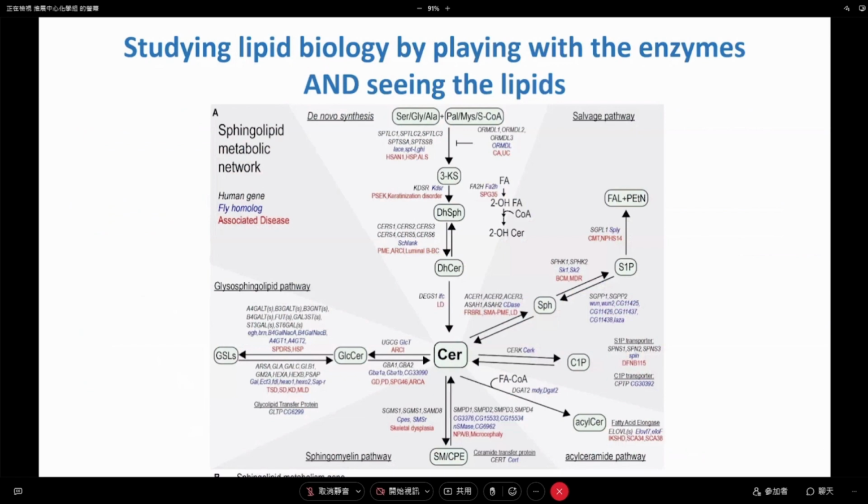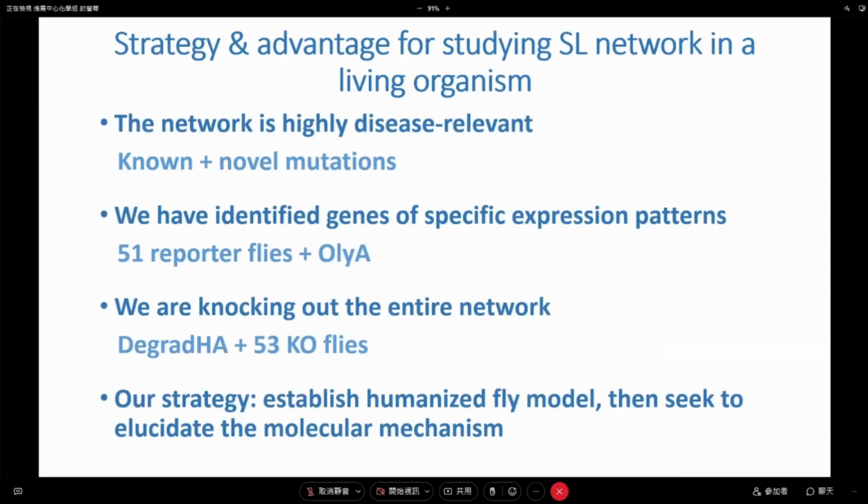So this is the whole network. I have 2 slides to conclude everything. Our strategy and the advantage of studying the sphingolipid network in a living organism is that the network is highly disease relevant, there are many novel mutations nowadays, and a lot of next generation sequencing has identified many mutations.